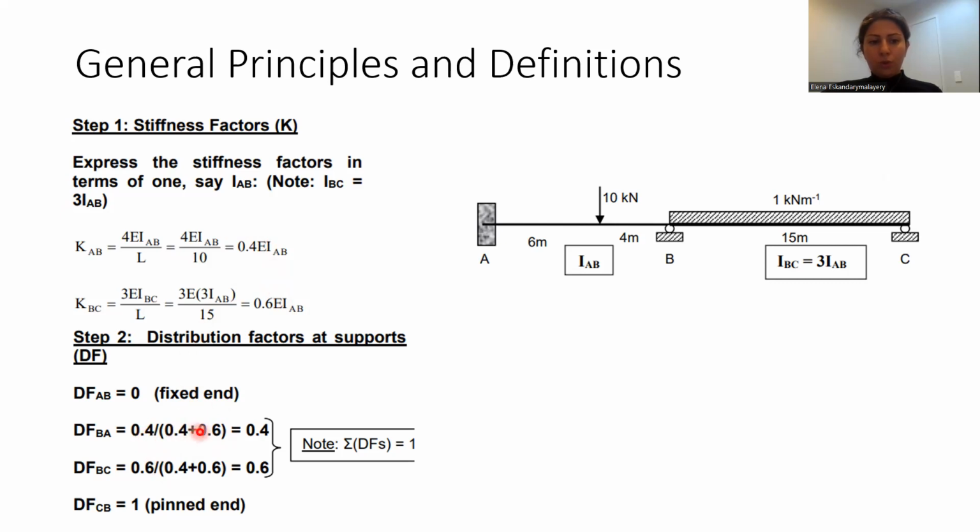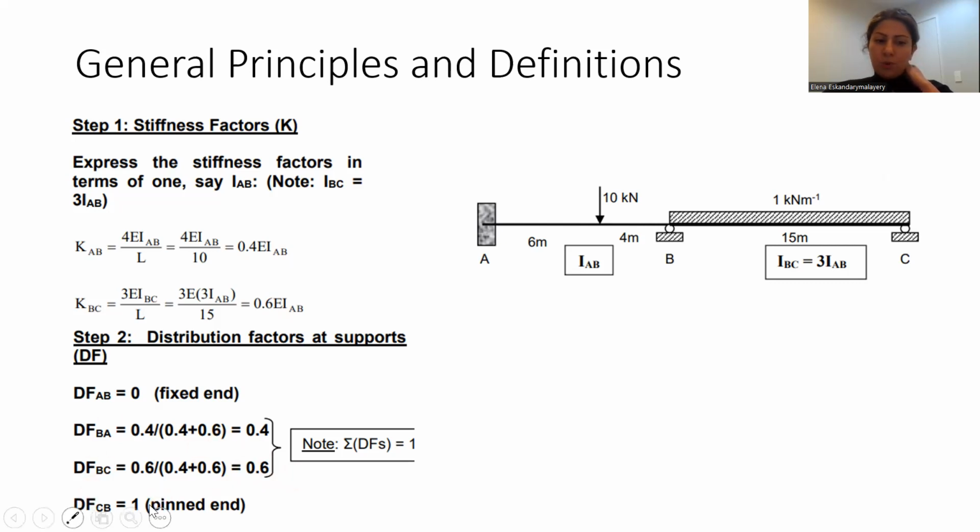So 0.4 over 1 is 0.4. And for DFBC, we have 0.6 EIAB over 0.6 EIAB plus 0.4 EIAB. If you simplify it, that would be 0.6.